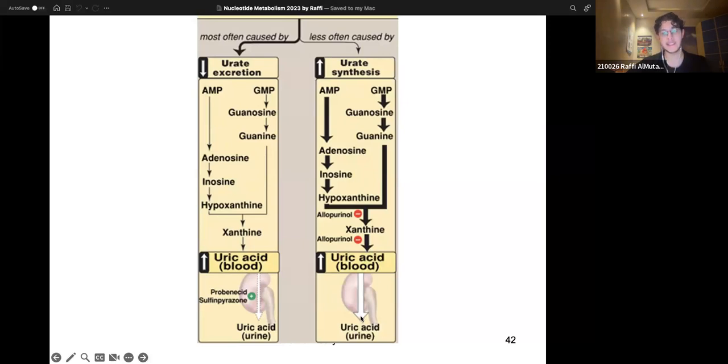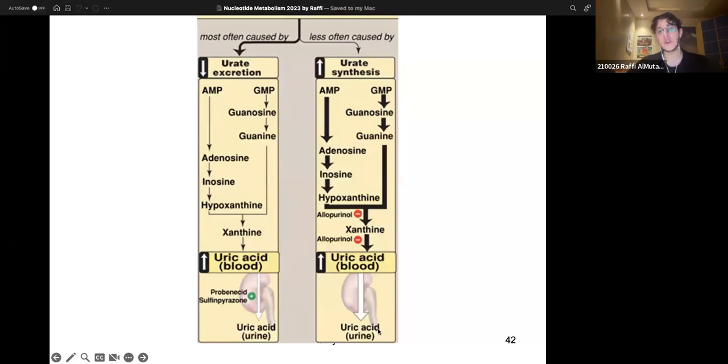We want to block the xanthine oxidase, and we don't want it to work. Xanthine oxidase acts in this arrow and this arrow right here. So we use allopurinol. Wherever there's xanthine oxidase, allopurinol will act. So hypoxanthine will not be converted into uric acid, and xanthine will not be converted into uric acid.